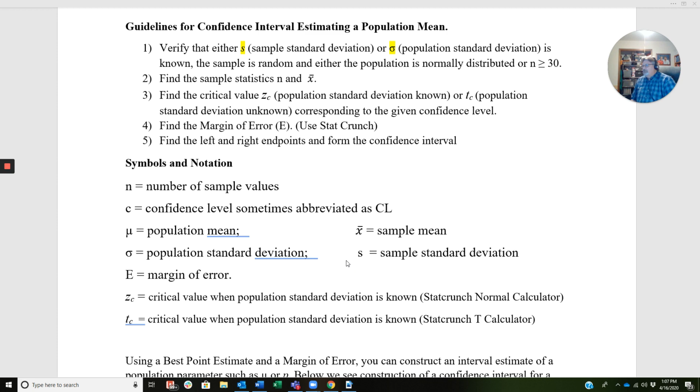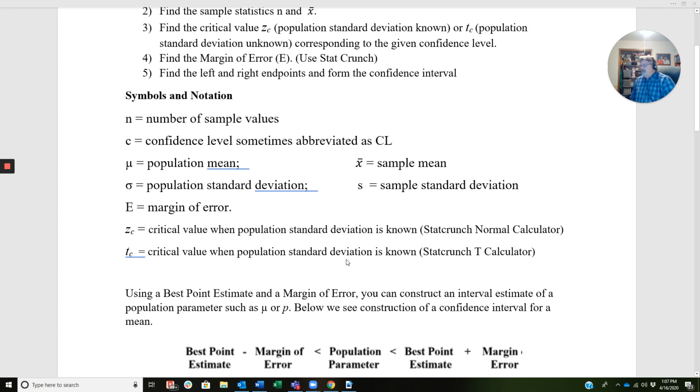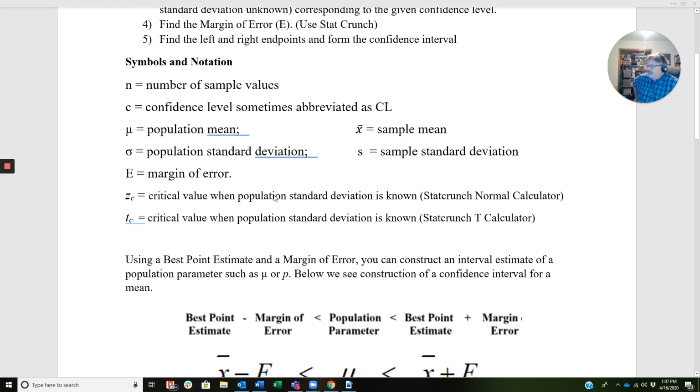S is the sample standard deviation. Uppercase E is the margin of error. Then Z subscript C is the critical value when the population standard deviation is known, which is the StatCrunch normal calculator that we're familiar with. And we're going to be introduced to a new calculator called the Student T, or the T calculator, and that's T subscript C. Those are critical values.